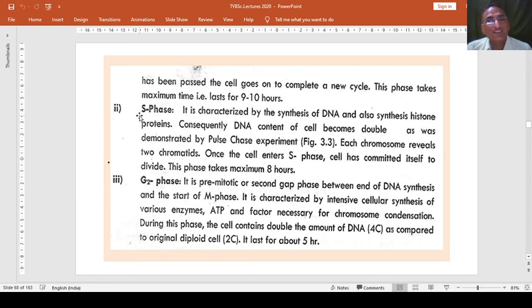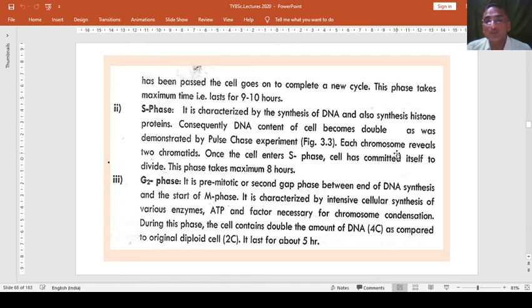The second phase we have studied already is the S phase or synthesis phase. It is characterized by the synthesis of DNA, because actual synthesis is here, and also synthesis of histone proteins occurs in the second stage, S phase. Consequently, the DNA content of the cell becomes double, as was demonstrated by the pulse chase experiment, and is ready to divide into two different cells.